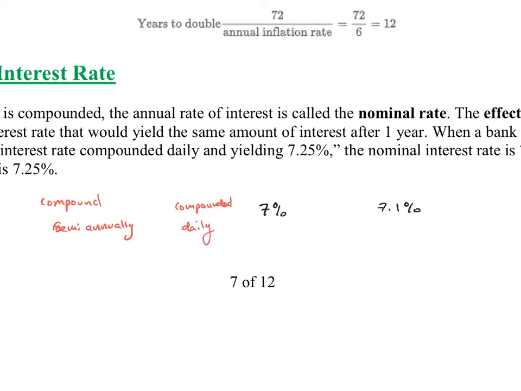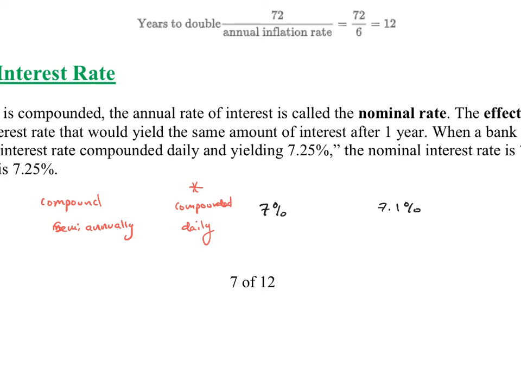Which one of those two would you choose? Well, we learned from simple interest and compound interest that compounding more often is better if it's an investment. So if it's an investment, you would want the one that was compounded more frequently. If it's a loan, you want the one that's compounded less frequently.